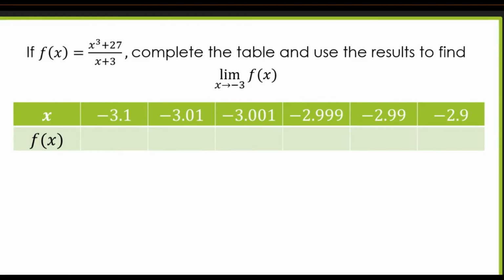So we have the function f of x equals x cubed plus 27 over x plus 3, and we want to evaluate the limit as x approaches -3 of f of x. So we can use our calculator to evaluate our function at each one of these values.